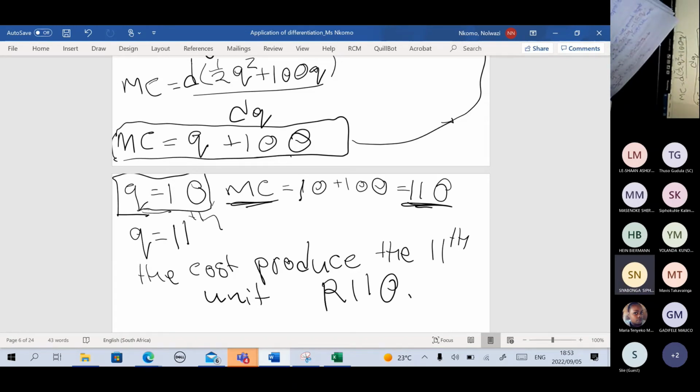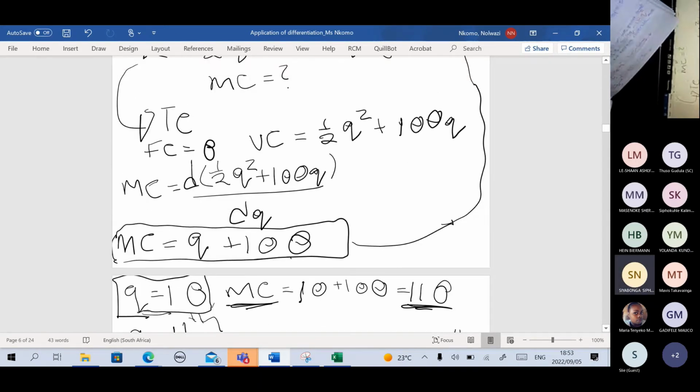I have a question. Yes. You see there where you said marginal cost is equal to a derivative of 1/2 Q squared plus 100Q. I understand the derivative of the fixed cost is 0, so we are left with 100Q.